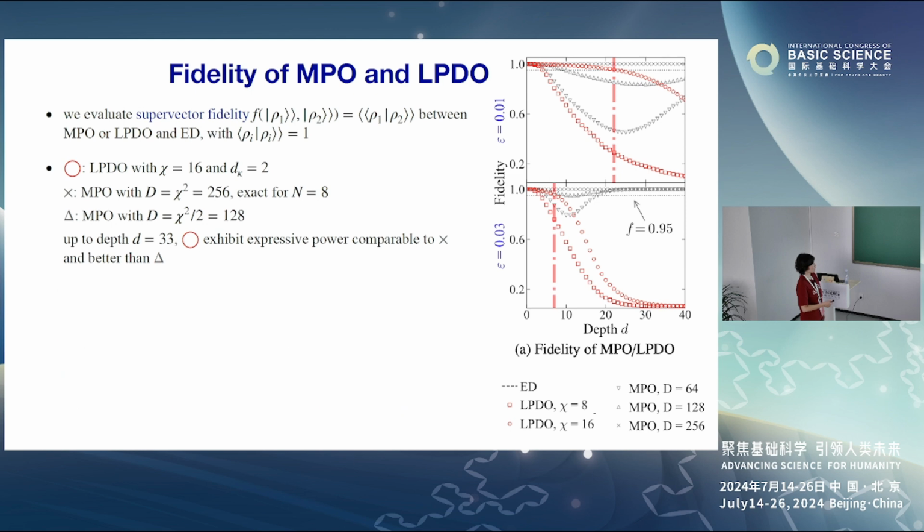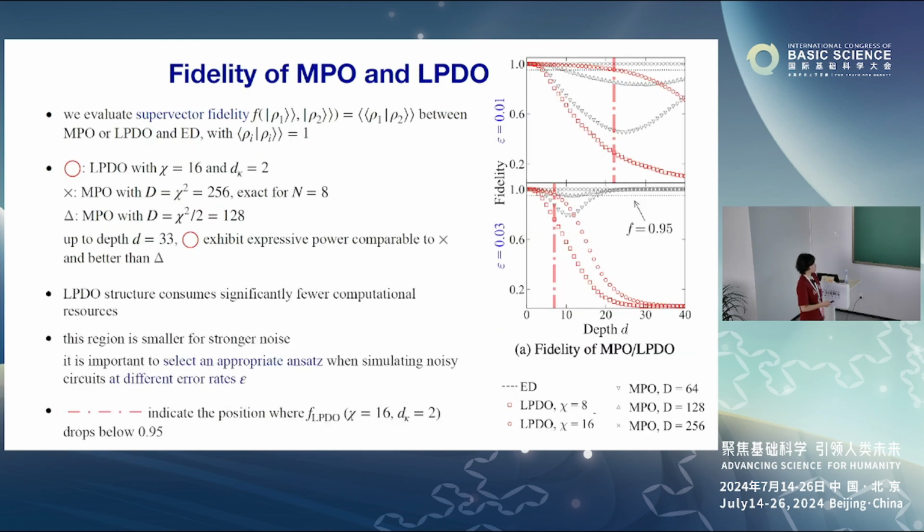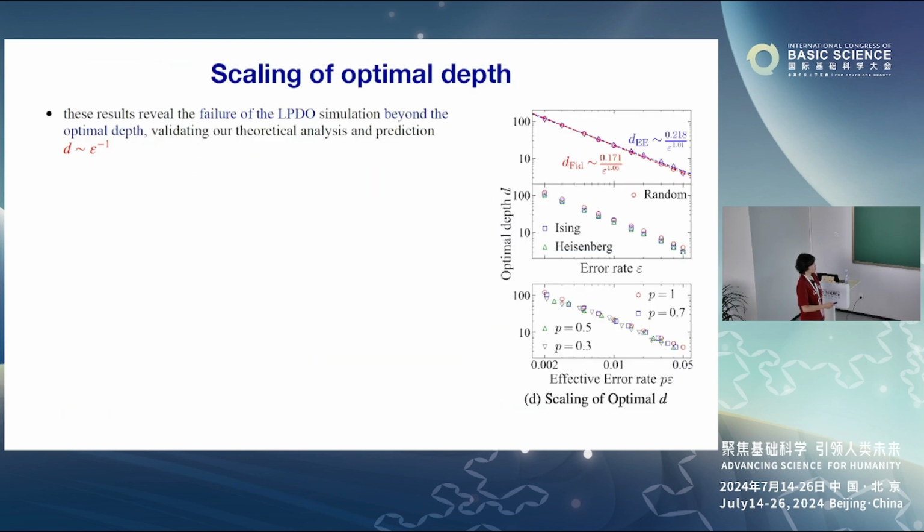Also, previously from the entanglement entropy, there is also a transition point. We can put them together in this figure and plot them as a function of different error rates. Now we see that they almost collapse, and we can fit the lines. It is almost anti-proportional to the error rate.